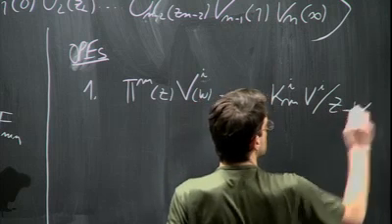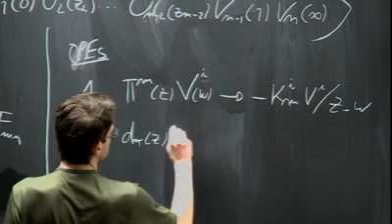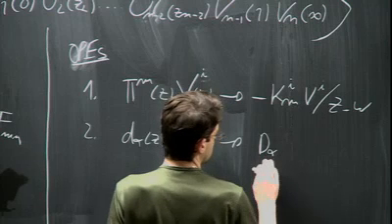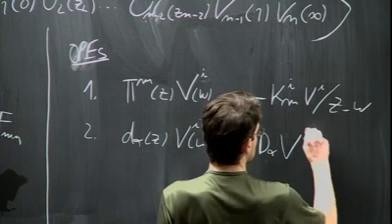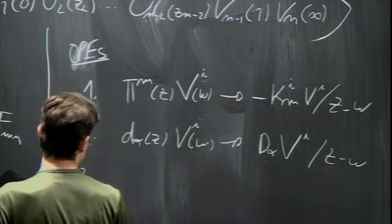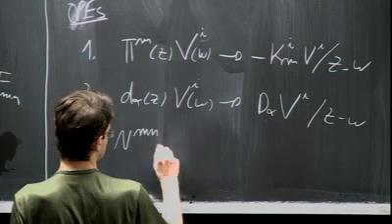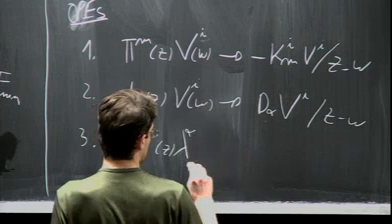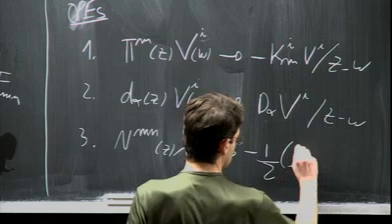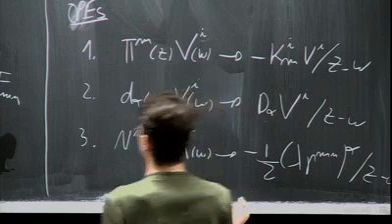It's a simple pole, and then the other OPE will be this one. That's the covariant derivative in x and theta superspace, and the third OPE will be this one.